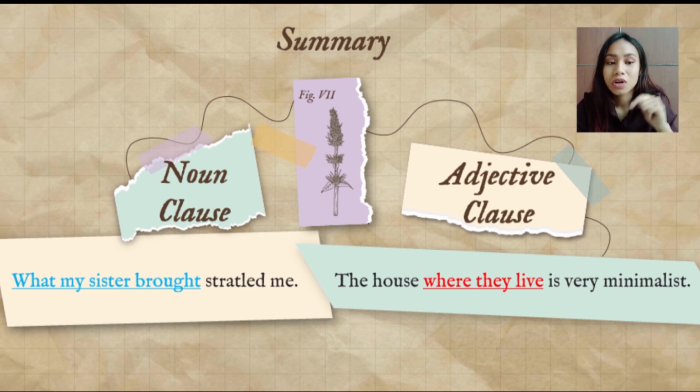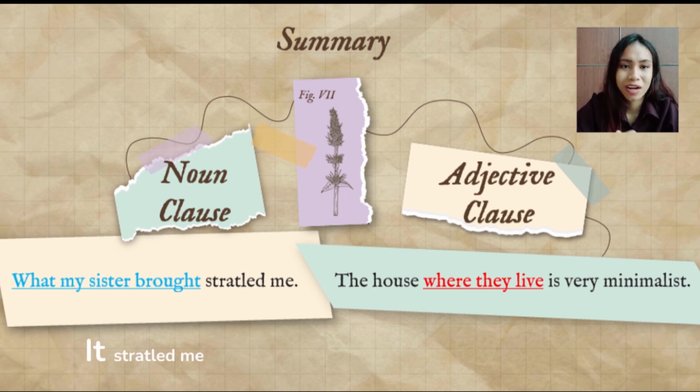You can substitute the noun clause with a pronoun, like it startled me. And for the adjective clause, the house where they live is minimalist. As we know, an adjective clause is usually placed after a noun, which is the house here.